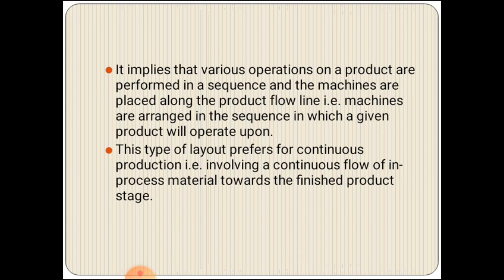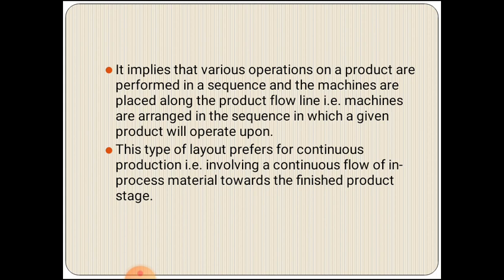As I told, product layout performs the operations in a sequence. Machineries are arranged in the sequence required for manufacturing, so there is a flow of materials in a line.